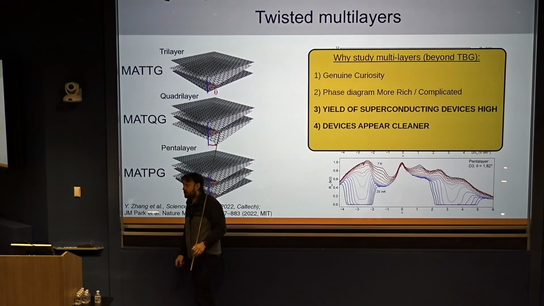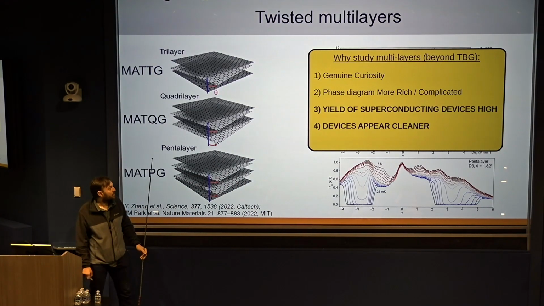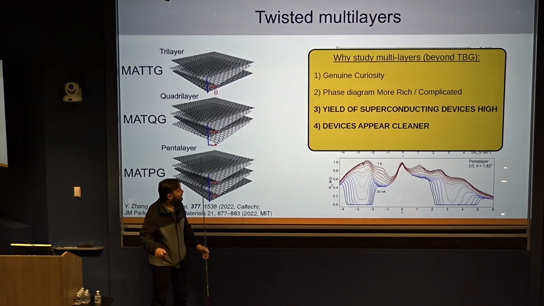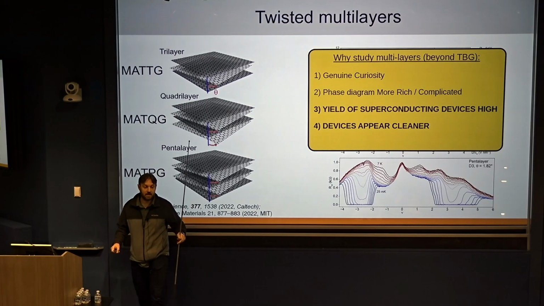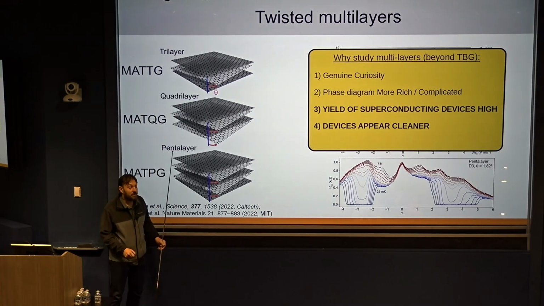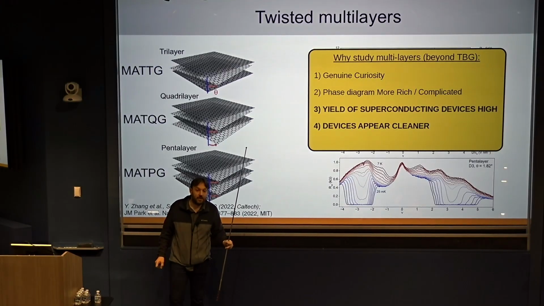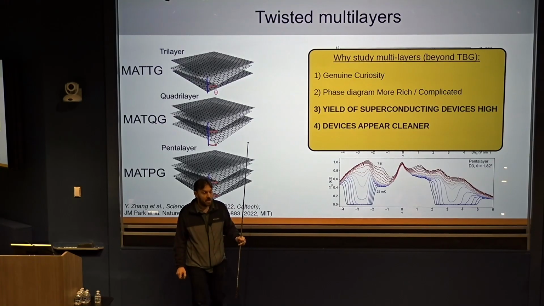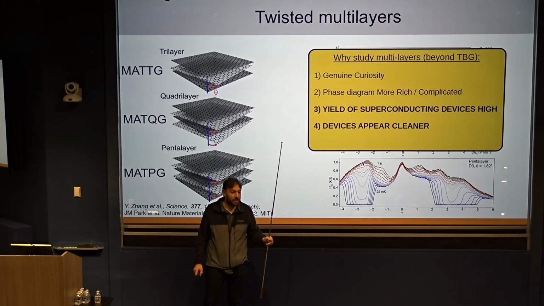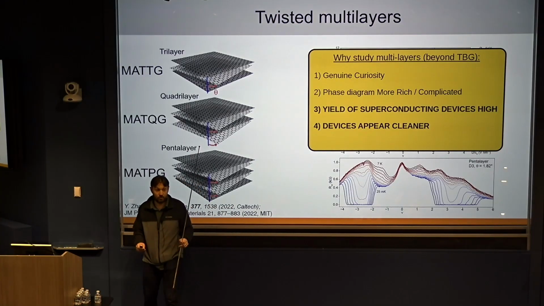And just to give you perspective, we had a conference just before this one in Princeton, and Dima Feldman, the group that produced one of the cleanest devices there, said that their yield over many years of development for twisted bilayer graphene is about 25 to 30% maybe. So every third or fourth device that you make and painfully stack is superconducting, even if you do everything right.